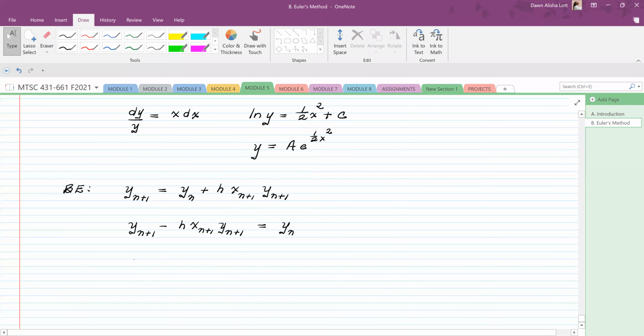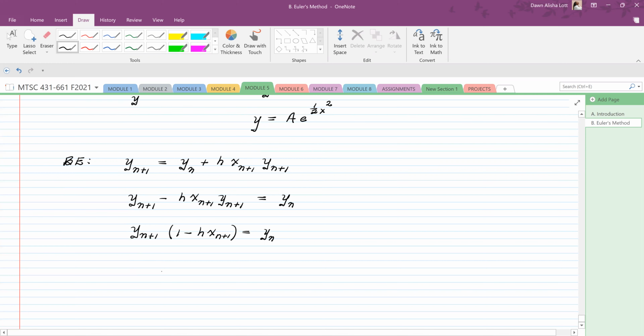So now I get y n plus 1 times 1 minus h x n plus 1 is equal to y n. So now I get y n plus 1 is equal to y n over 1 minus h times x n plus 1. So this is the backward Euler formulation. Okay, should still give the same answer.